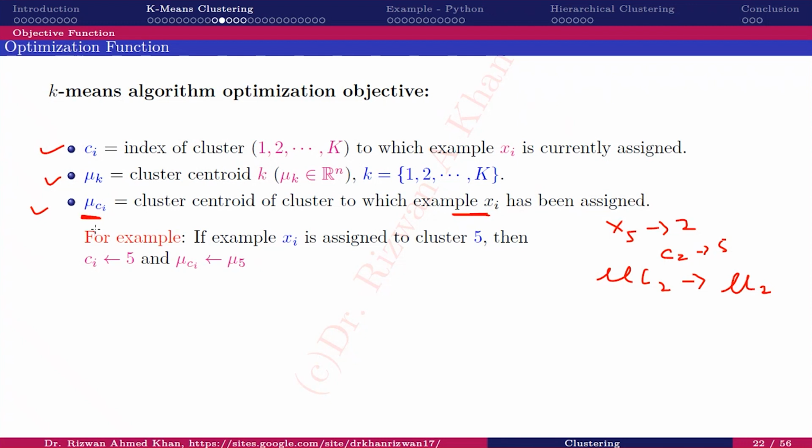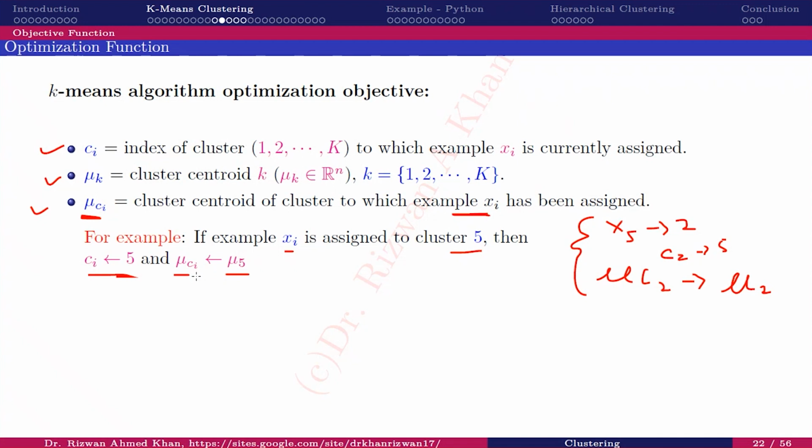Again, if xi is assigned to cluster 5, then Ci would be 5, and mu of Ci would be mu of 5. So this tells the cluster to which example xi is assigned and the centroid of that cluster.